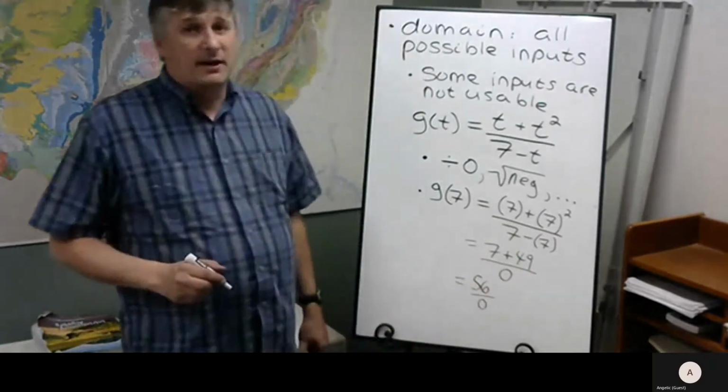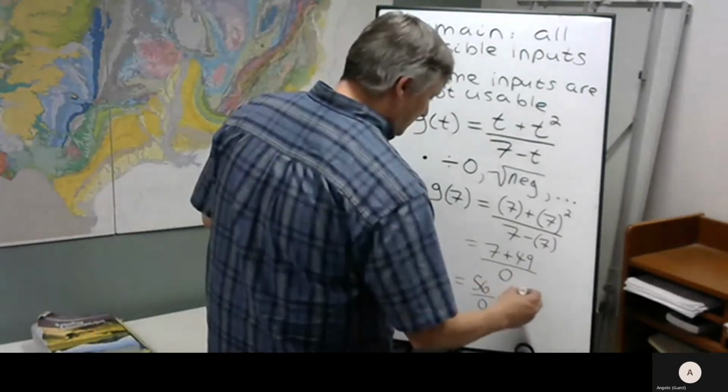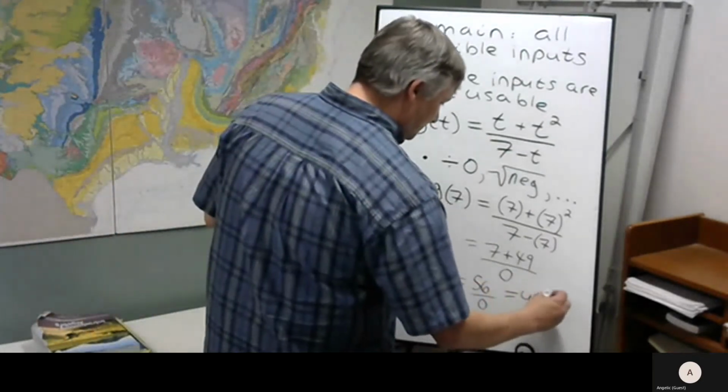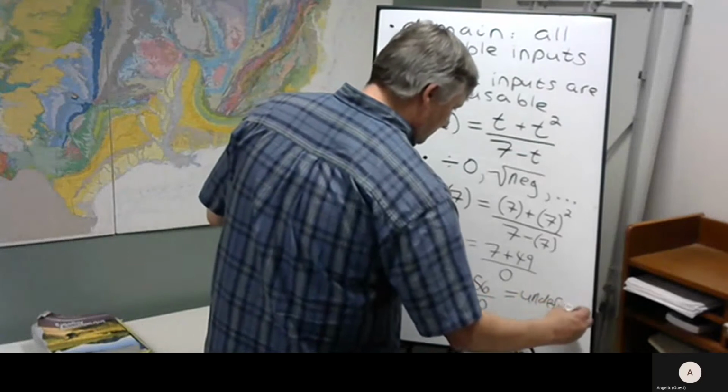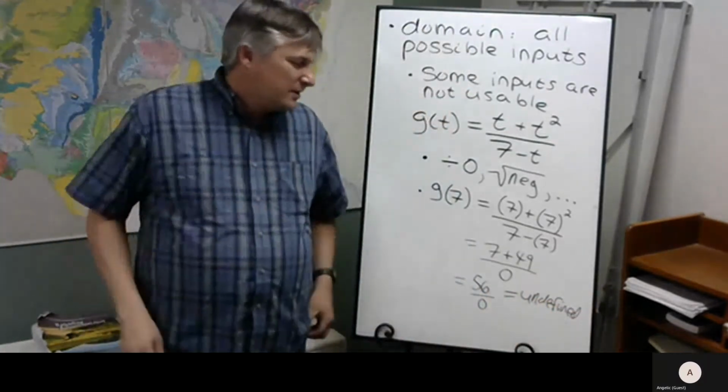We get 56 divided by 0. And for us, this is undefined. This is something we don't do in mathematics.